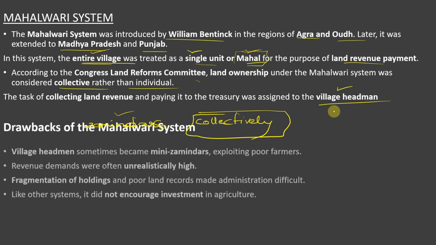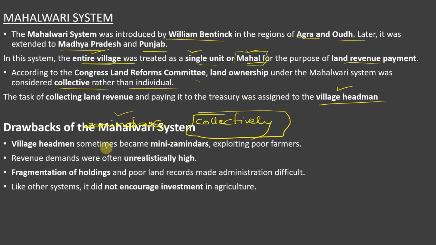The drawbacks of the Mahalwari system are that the village headmen sometimes became mini zamindars, exploiting poor farmers by imposing unrealistically high revenue. The fragmentation of holdings and poor land records made administration difficult.